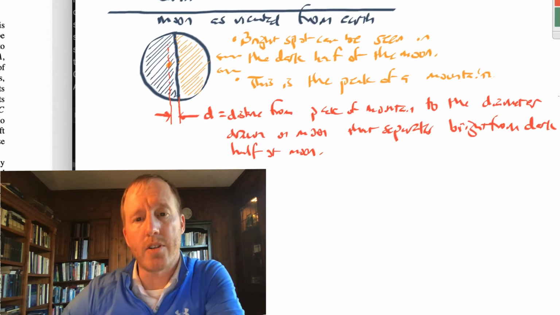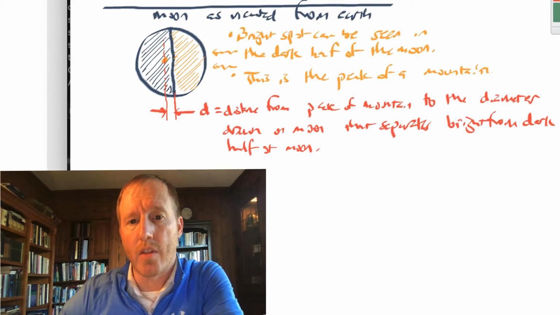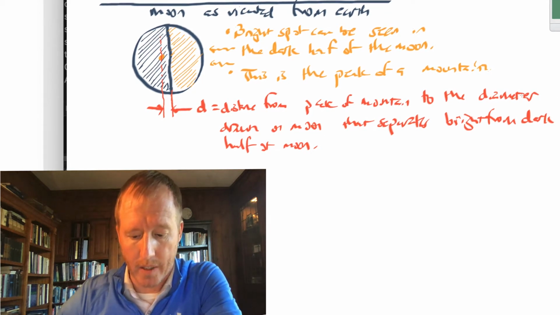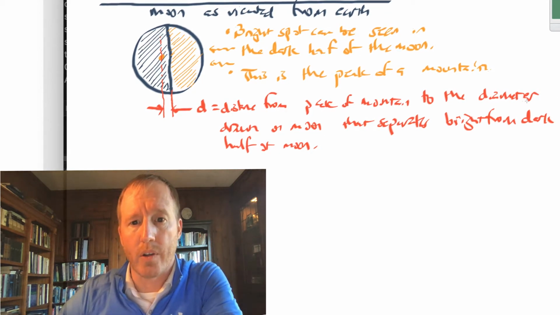And as you might imagine, the taller the mountain is, the farther it can be from that diameter and still be illuminated. So how do we figure out the height of that mountain?